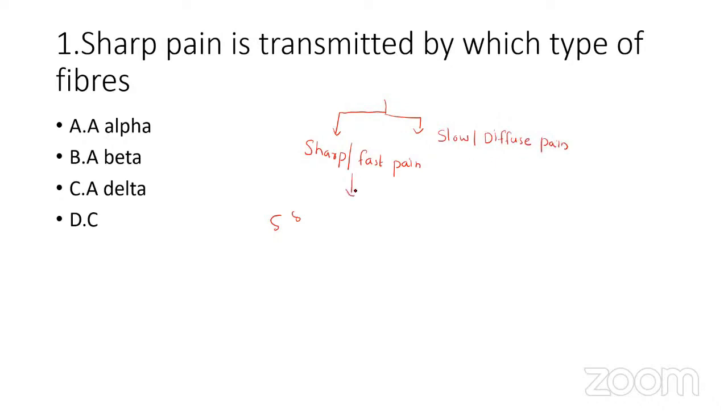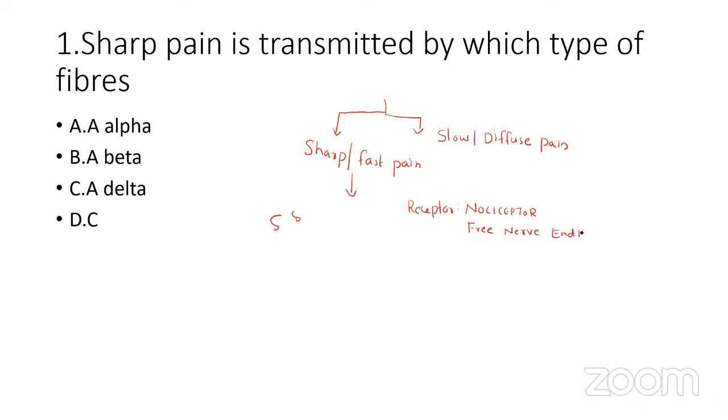So the receptors for pain, every pathway starts from a receptor. The receptor for pain is known as nociceptors. Here it is the free nerve endings.